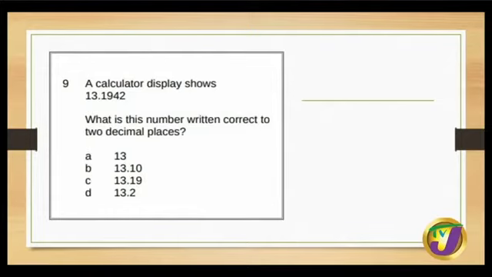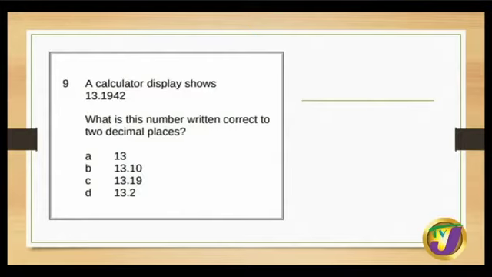What digit is in the second decimal place? That would be your 100th place. Great. 9. Now remember, since we're rounding off to the 100th place, we're going to look to the right of that, which is the 1000th place. 4 is the digit that we're paying attention to.